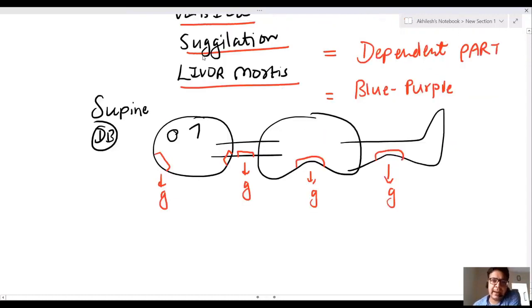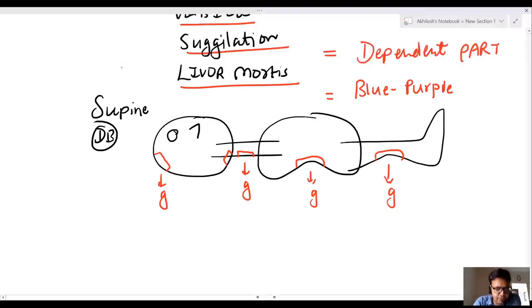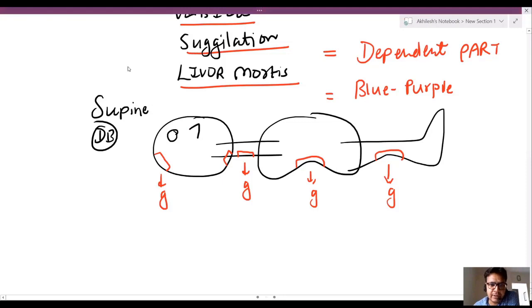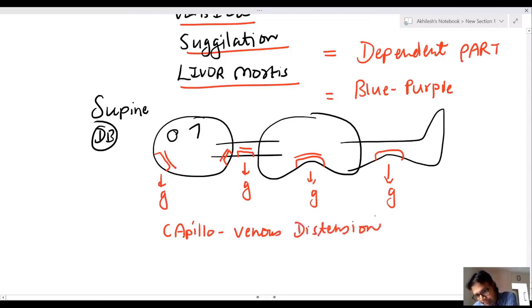There is venocapillary distension. In these parts, because of gravitational force, there will be capillovenous distension, and blood will accumulate. Observe, this blood has deoxyhemoglobin after death.